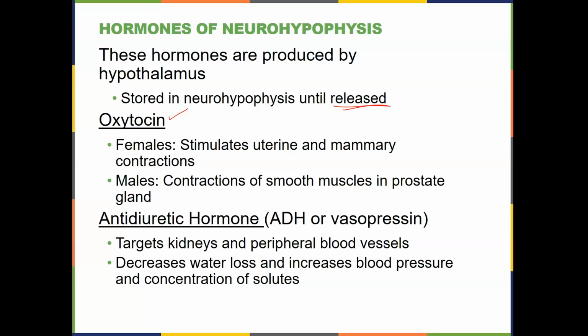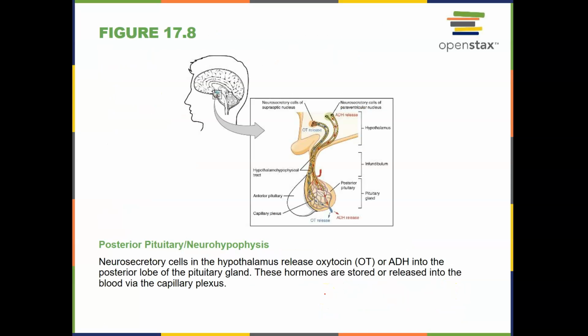But ADH is usually talking about processes regulating how much water the kidneys are letting out. And if the kidneys are letting out more water, then you have less ADH. So an increase in urination means that you have a decrease in ADH. Opposite, increase in ADH, a decrease in urination.